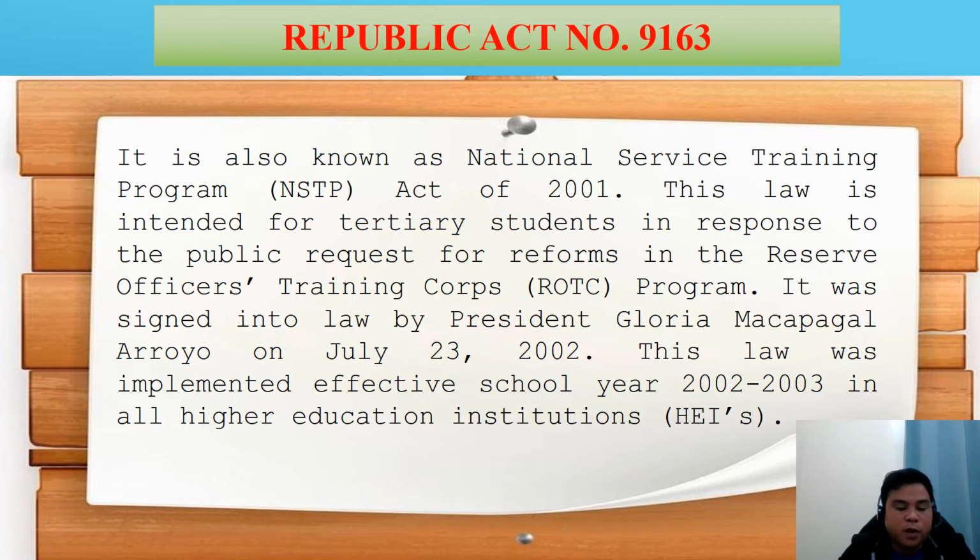The students, however, are free to choose which particular program component to take. This law was signed by the former President Gloria Macapagal Arroyo on July 23, 2002. This law was signed in response to the public interest to reform ROTC.